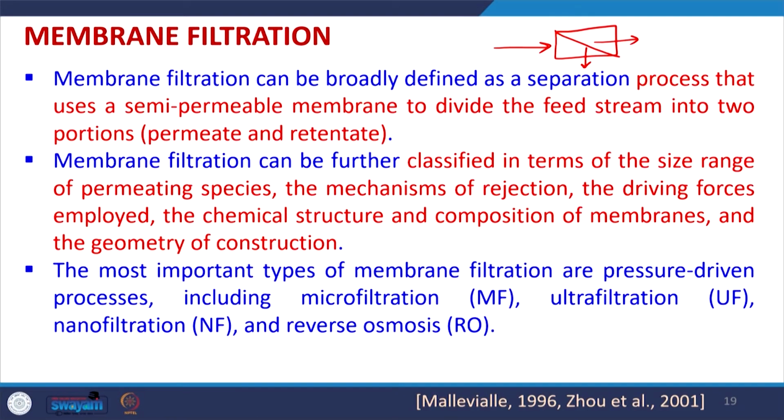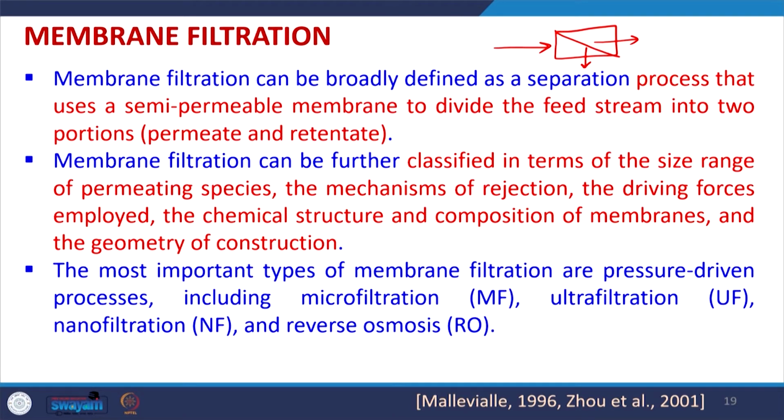Now, membrane filtration can further be classified in terms of the size range of the permeating species, the mechanism of rejection, how the particles are getting rejected, the driving force used for forcing the clear water across, the composition of the membranes, and the geometry of the construction.